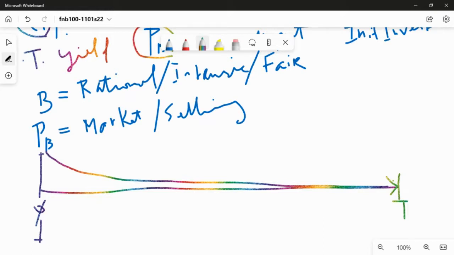Because no matter where the price was at time zero or at whatever point, as we approach maturity, the price will also approach 1,000, the face value. Isn't that right?